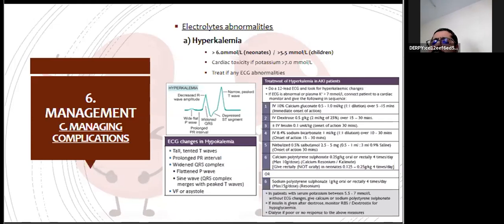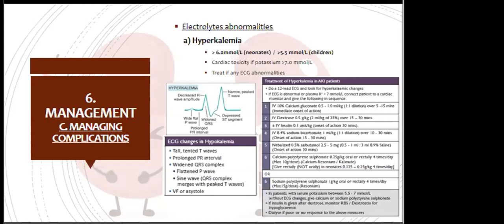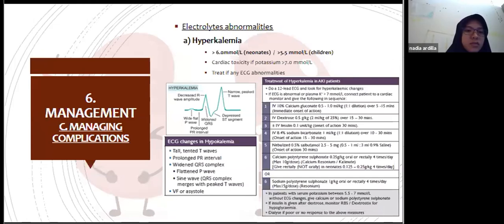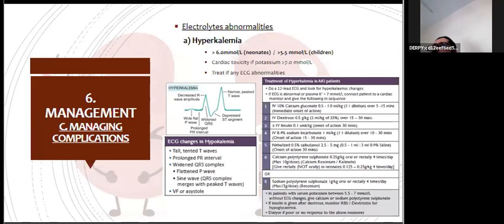Okay, is there any other way? So what does sodium bicarbonate do for the pH? Will it take pH toward the alkalotic side or acidotic side? Alkaline. Alkalinizing. So it will take the pH toward the alkaline side.